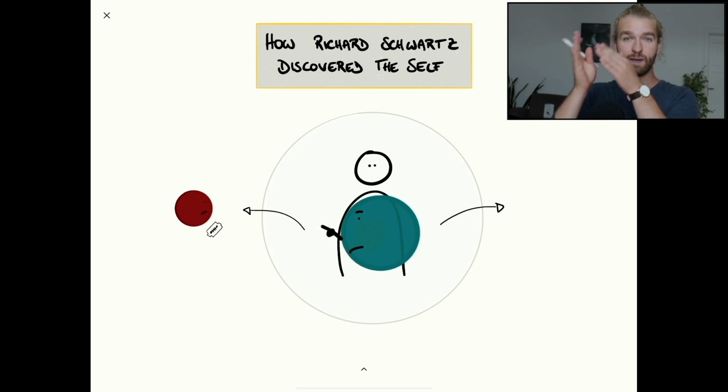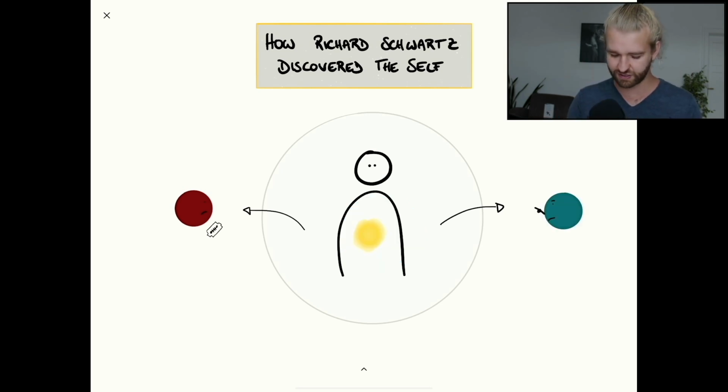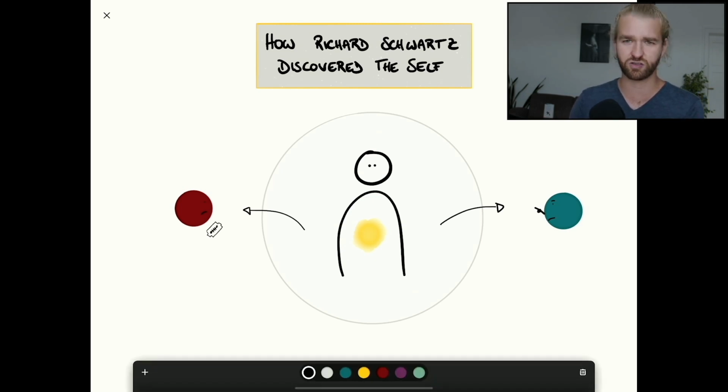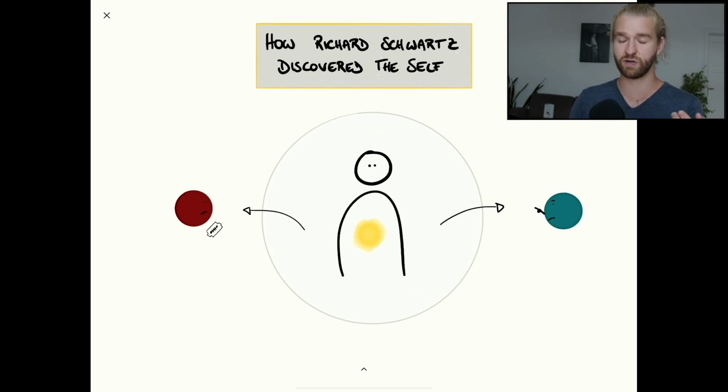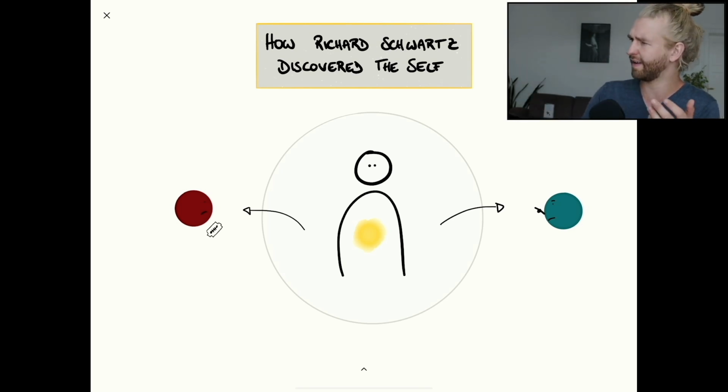But as he kept on asking different parts to step aside, he discovered that suddenly his clients, his patients, would reach a state where they would be talking very differently. Rather than being enraged and in extreme behaviors, they would suddenly be saying, oh yeah, I can understand that. I have compassion with that.